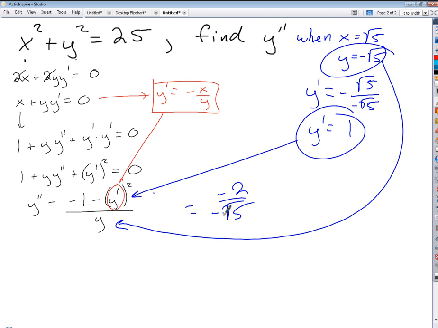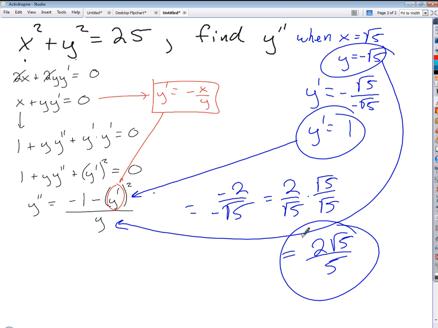Yep, you're right. So then it becomes positive. If we want to rationalize the denominator to make it look better, I multiply by the square root of 5. So I get 2 radical 5 over 5. That's it. That was actually much easier.